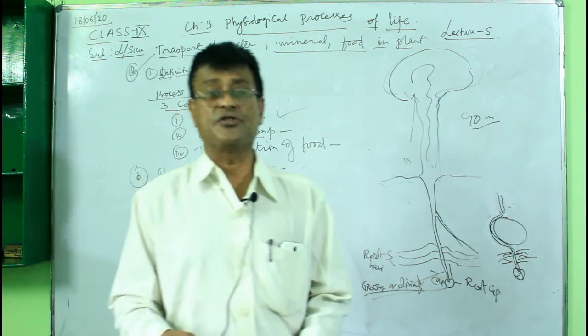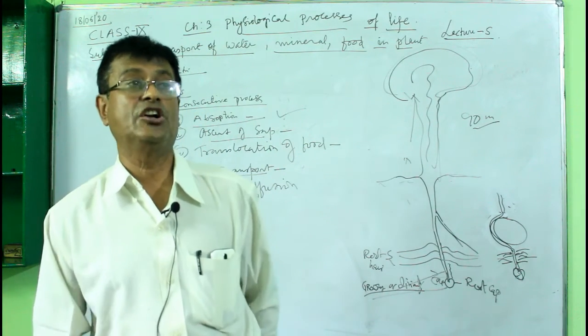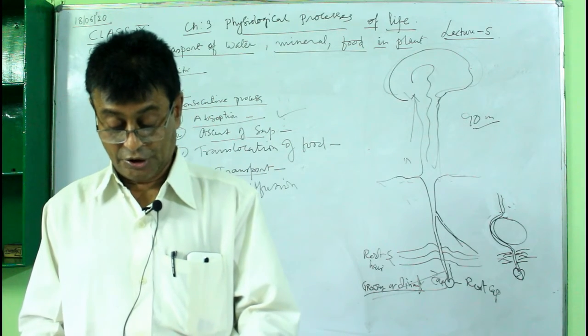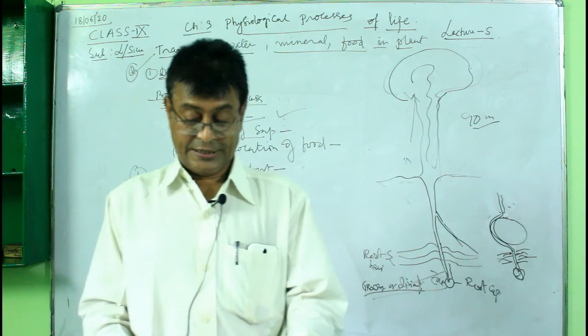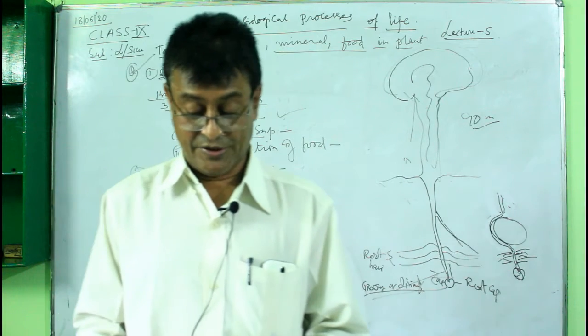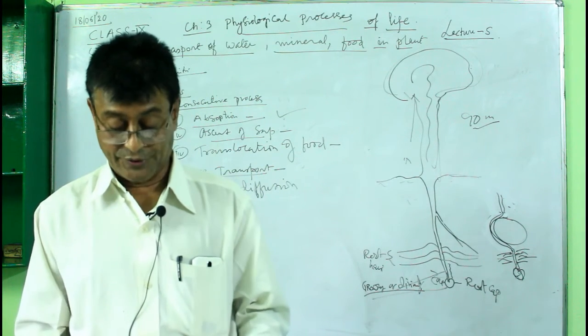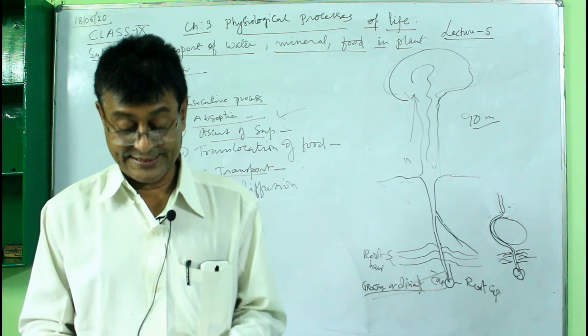Now there is another process known as active transport. It occurs by the expenditure of energy. In active transport, the osmotic absorption of water is done and Casparian strips appear. Here you see active non-osmotic absorption is also there, which helps the ascent of sap.